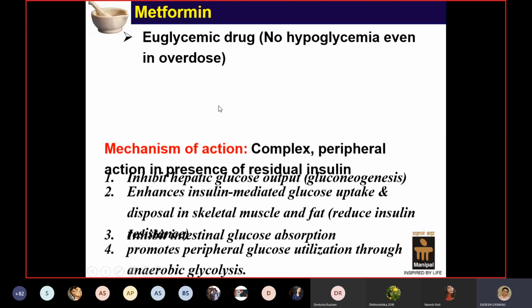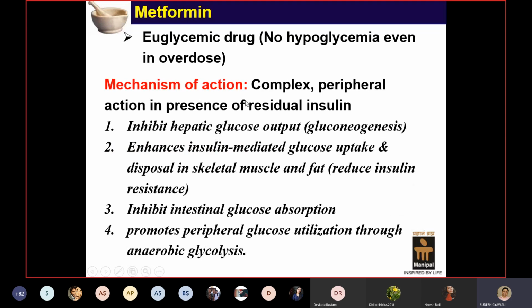So then how does it act? The mechanism of action is very complex, and there is a peripheral action. For this action, if there is some residual insulin, the action will be very good. There should be a minor presence of insulin. If there is insulin, then the action is good.